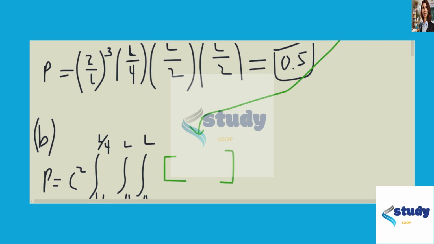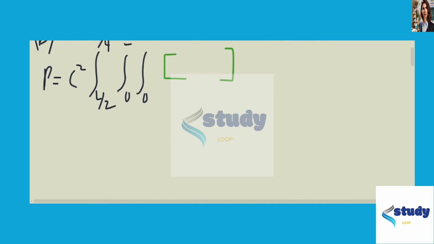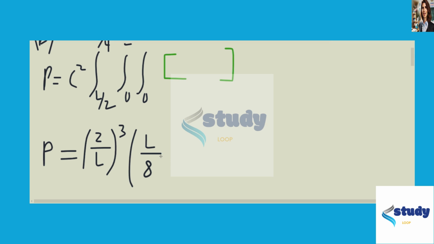So again, we're just integrating with respect to x, y, and z, those values that contain x, y, and z for the sine. And so we get the probability, which is first going to be the same as it comes from c, so this is 2 over L to the third. The only value that's different is the value with respect to x. So this time, because it goes from L over 2 to L over 4, we end up with L over 8 plus L divided by 4 times pi.